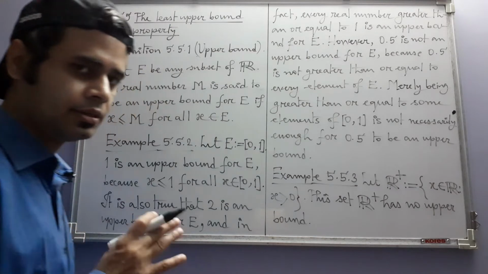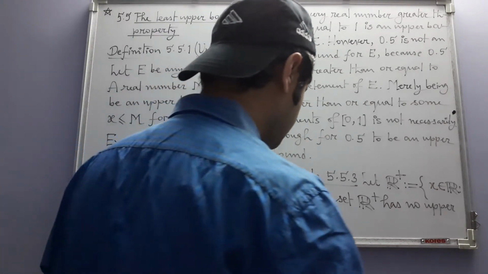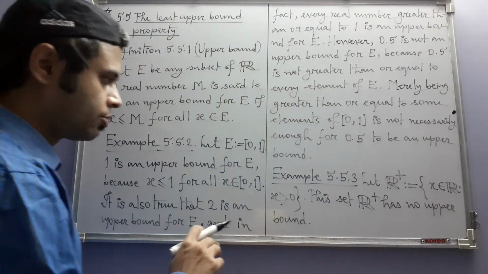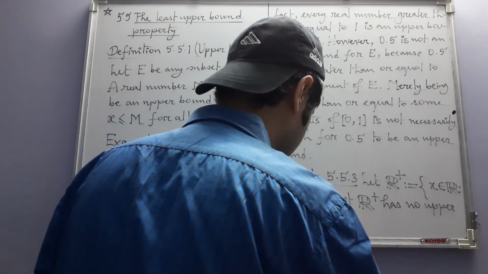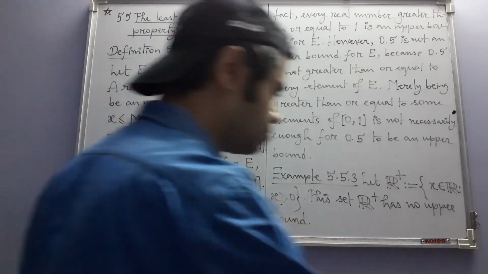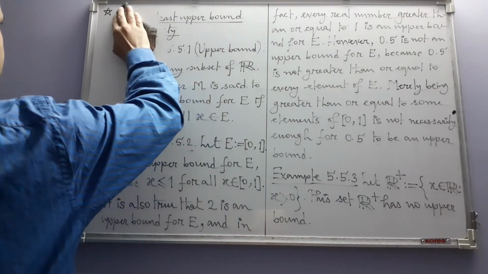Why is it that it has no upper bound? Let me just show it. I'm not going to make it a part of this example. Let me show it here why it does not have an upper bound.